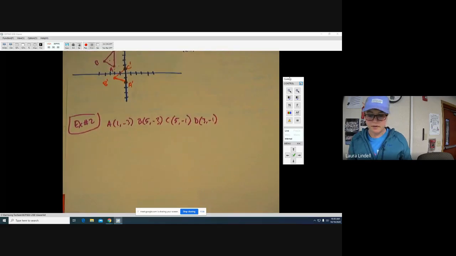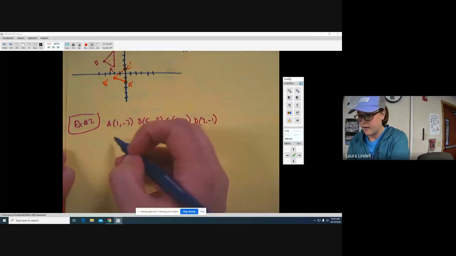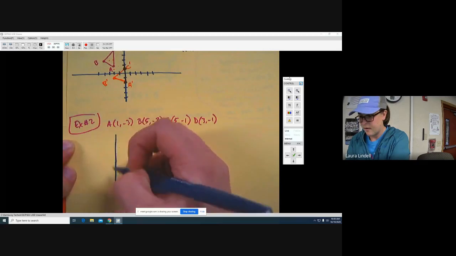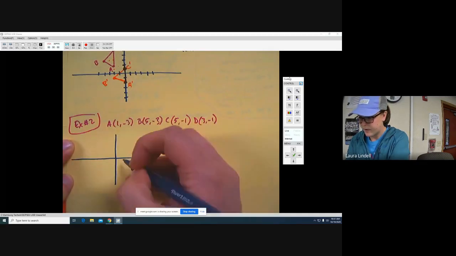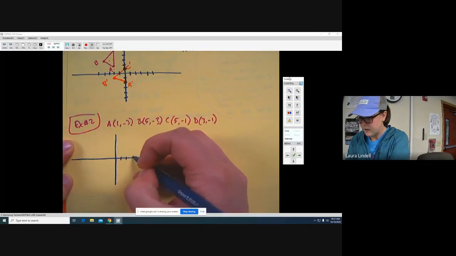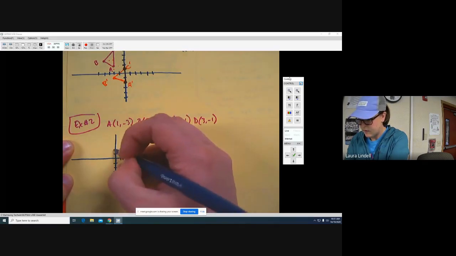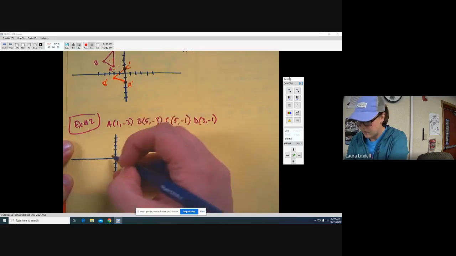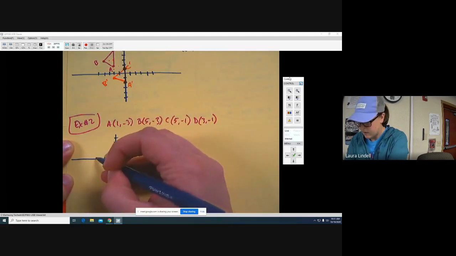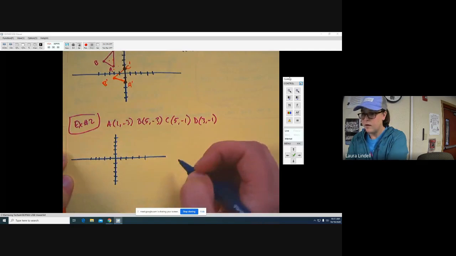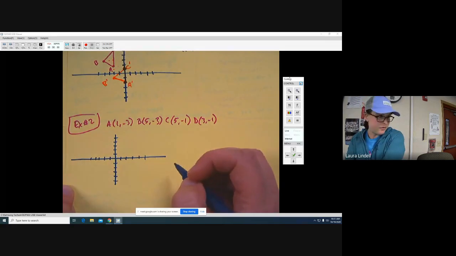So we're going to make ourselves a nice coordinate plane again. All right, and we do our best to draw the points accurately, but it's hard to do.